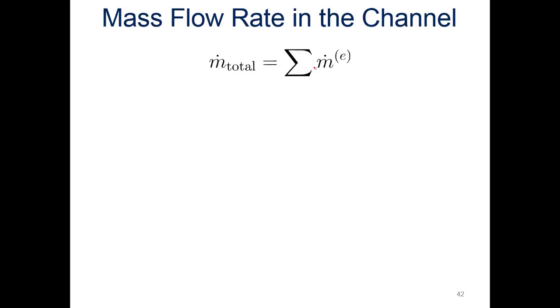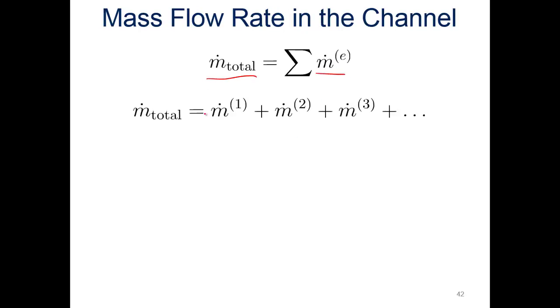All right, so if we want to get the total mass flow rate in the channel, we'd sum up the mass flow rates for each element. To get those, we would use the velocity for each element, the width out of the page, times the density, because we're going for mass flow rate.